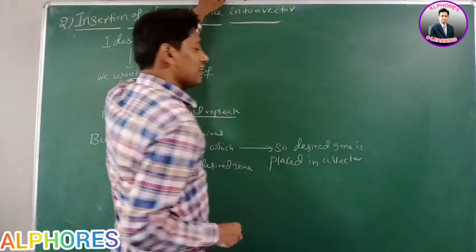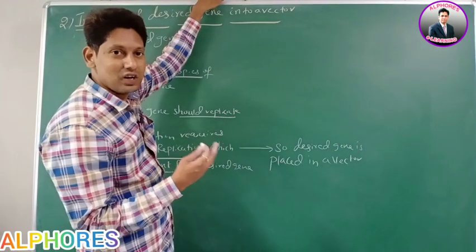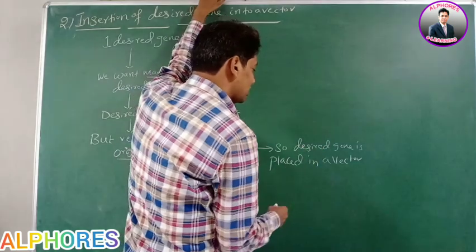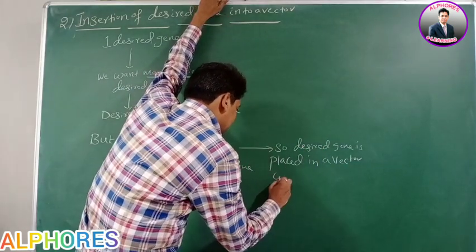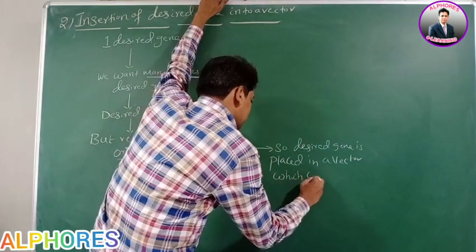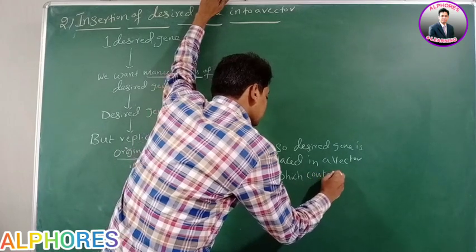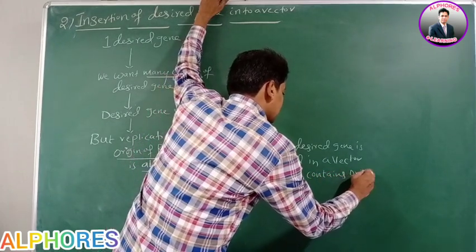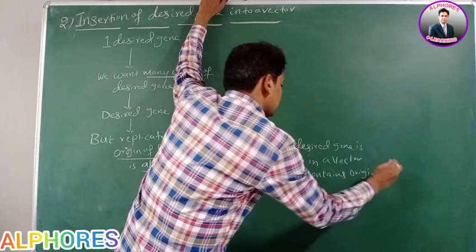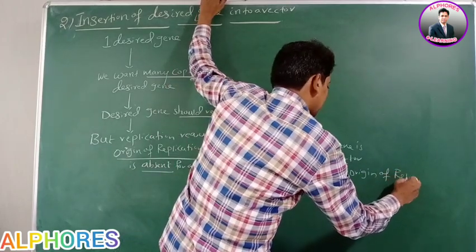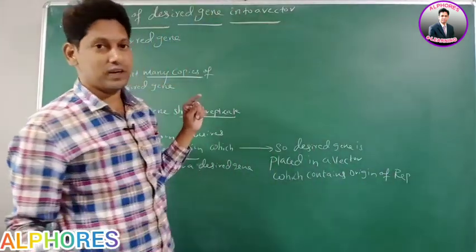Why are we placing it in a vector? Because the vector contains an origin of replication. So the desired gene is placed in a vector which contains an origin of replication. Is this statement okay?